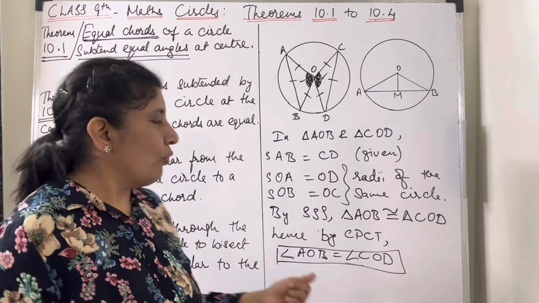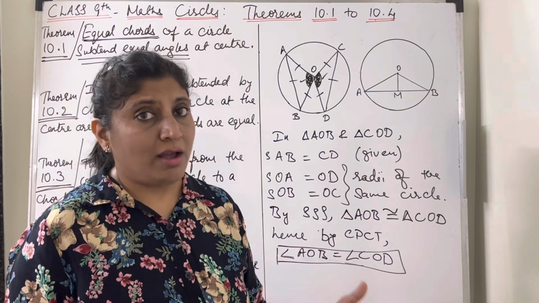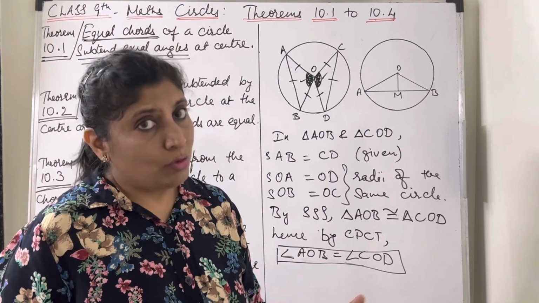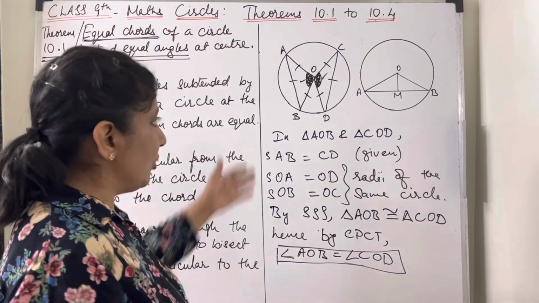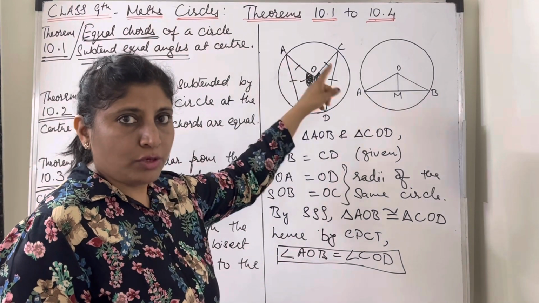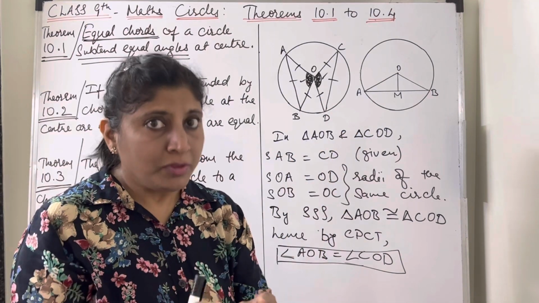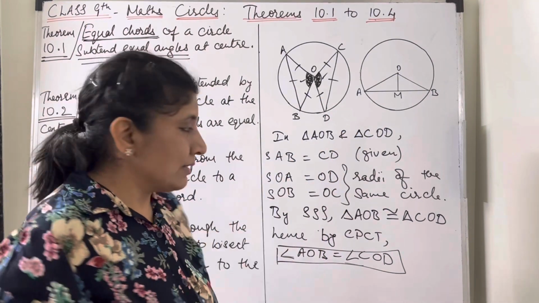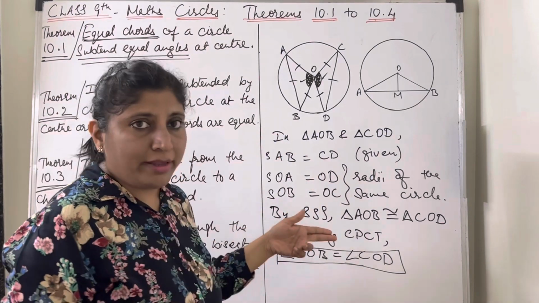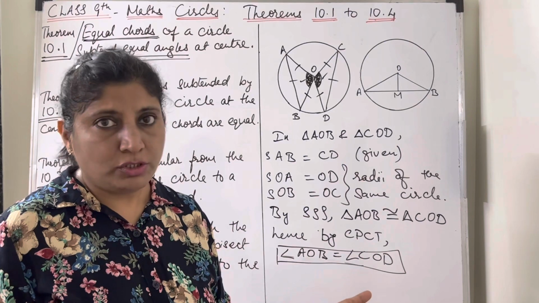Very quick recap. What we have done is, see students, you have to remember this, and in exam if they ask directly or indirectly, you are required to write the proof also. So we will make two triangles out of the two given chords by connecting the endpoint of the chords with the center. We are ready with two triangles. Now if we prove these two triangles congruent, then by CPCT angles are obviously going to be equal.